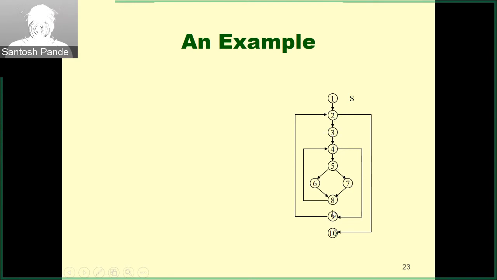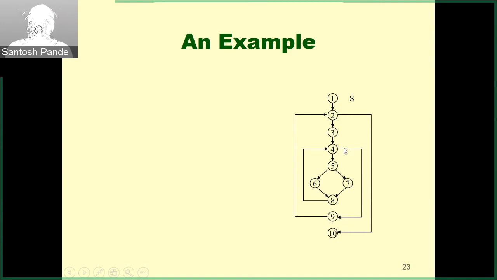However, there is a back edge from 9 and that forms a loop. And everything that lies between the dominator and the back edge, all these nodes which are reachable from 2 going towards 9, they will form the body of this particular loop.